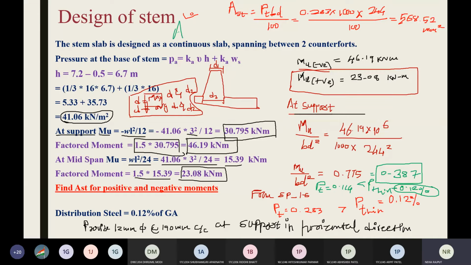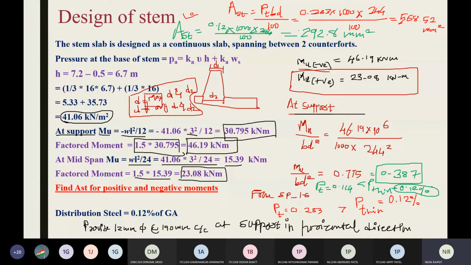Right. So here we will consider 0.12%. Again we can find area of steel. So for area of steel, now instead of 0.114, I will take 0.12 into 1000 into 244 divided by 100. Right, so this will give you the value of area of steel for the mid span. So 292.8 mm square.